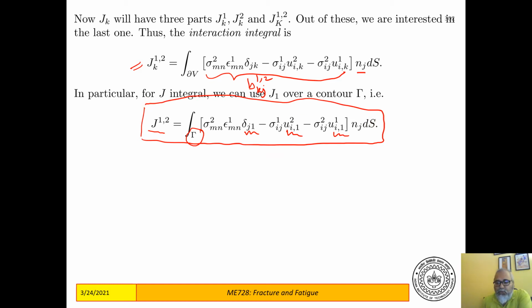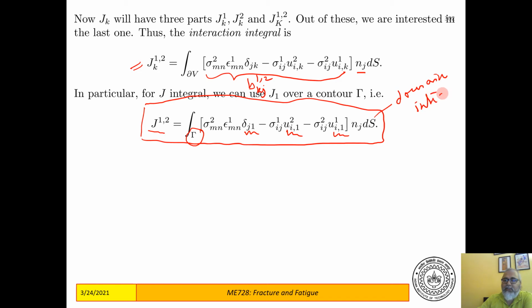To calculate it, we can use the domain integral method that we used. This is a contour integral over a contour gamma. So this integral can be calculated just like the contour integral for J1 that we showed with the domain integral representation in the previous video.